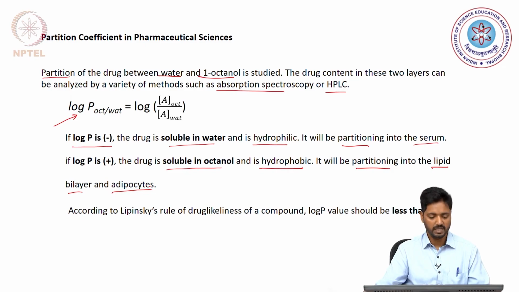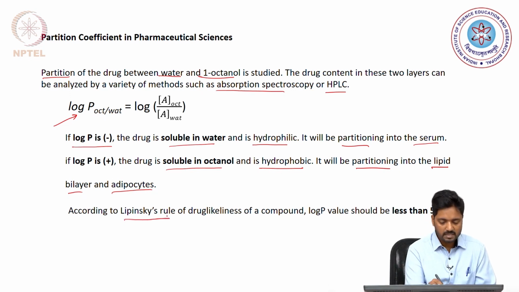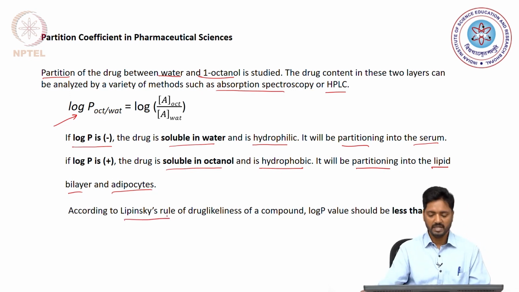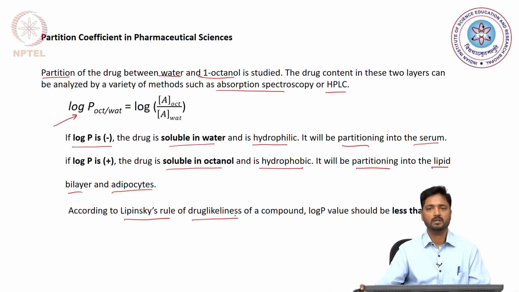accumulating inside the brain. So, Lipinski rule is a rule of thumb that was developed some time ago, and it talks about the drug likeliness of a chemical compound, and it's a very famous rule which for our purpose says that the log p value of a drug candidate should be less than 5.